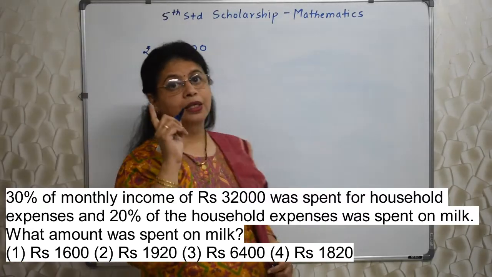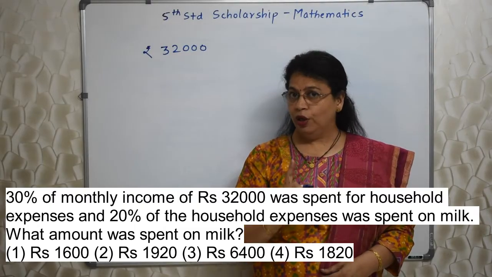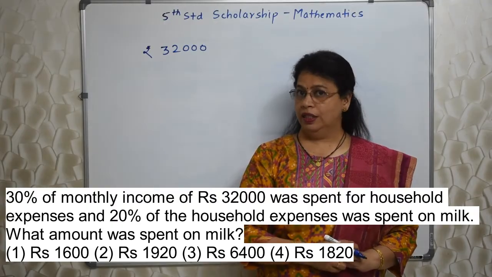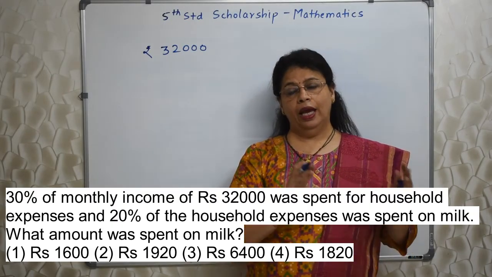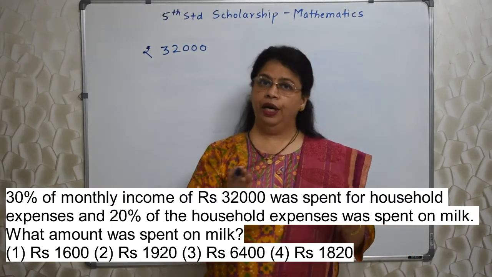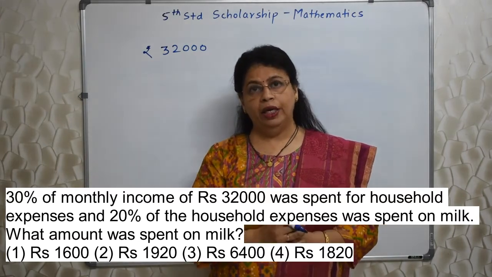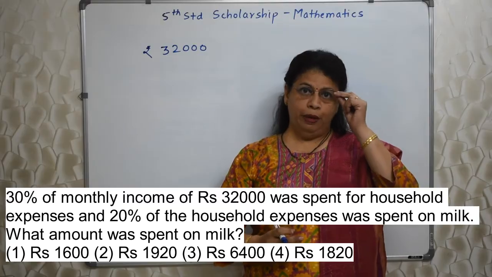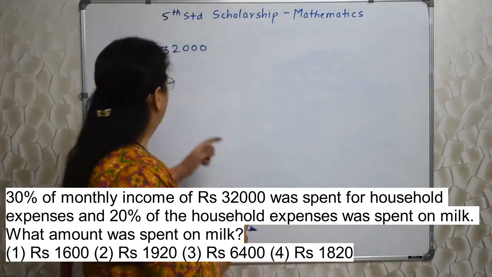Students, again, percentage is a very important chapter. You must be clear about the concept of percentage. All this: area, percentage, profit and loss. If you have any query or doubt about the concept, please see my video. I have already uploaded the respective videos. Okay, let's move ahead.